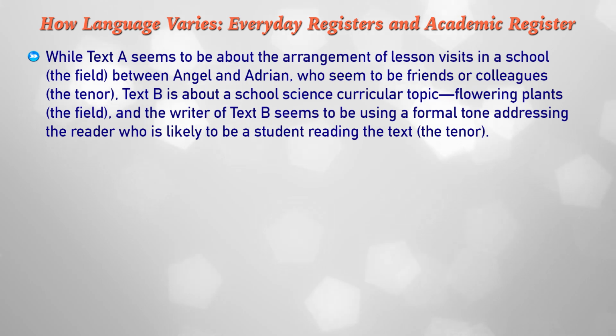While text A seems to be about the arrangement of lesson visits in a school, the field, between Angel and Adrian, who seem to be friends or colleagues, the tenor, text B is about a school science curricular topic, flowering plants, the field, and the writer of the text seems to be using a formal tone addressing the reader, who is likely to be a student reading the text, the tenor.